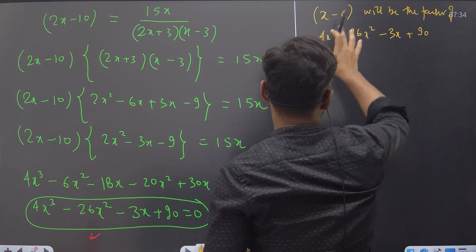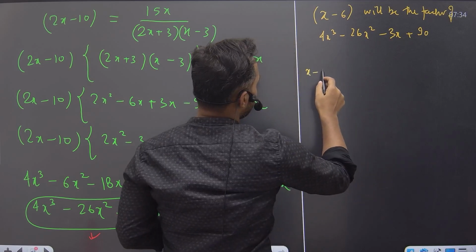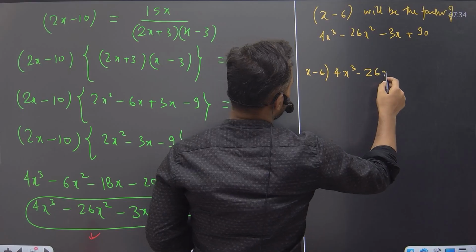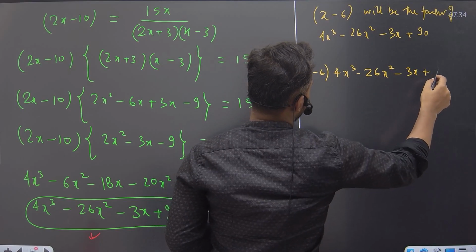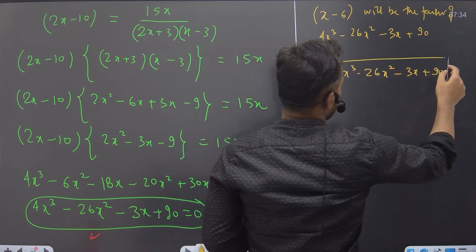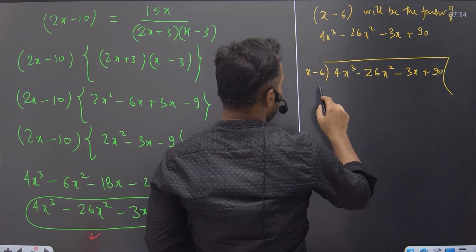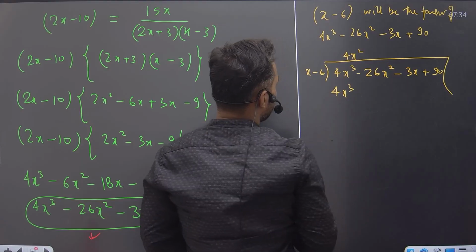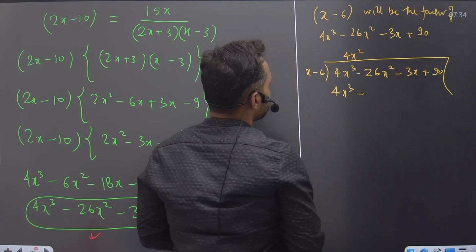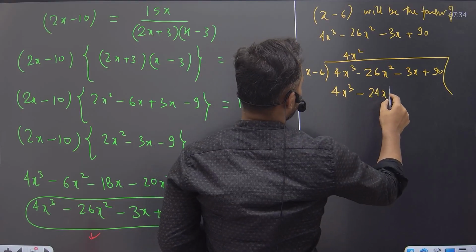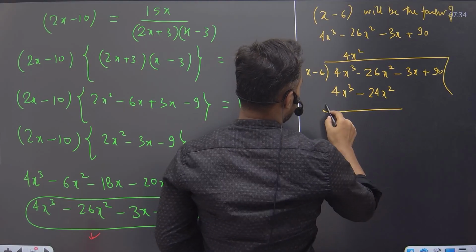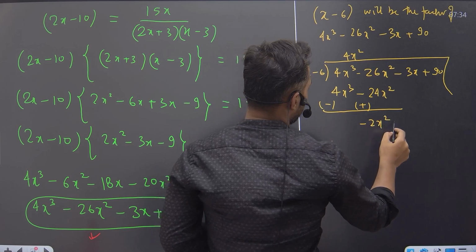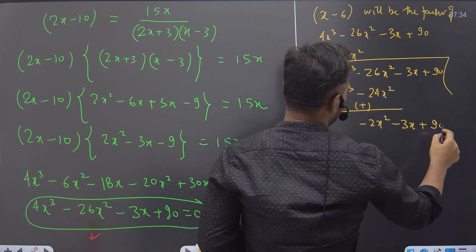Okay, now what we need to do, we just need to divide it. So 4x cube minus 26x square minus 3x plus 90. Students, it will be 4x square times x, that is 4x cube minus 24x square. So this gets cancelled, and here you will get negative 2x square minus 3x plus 90.